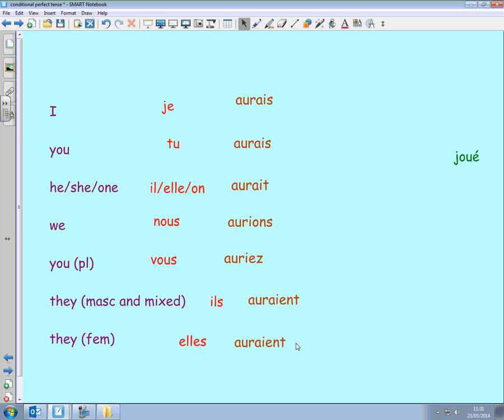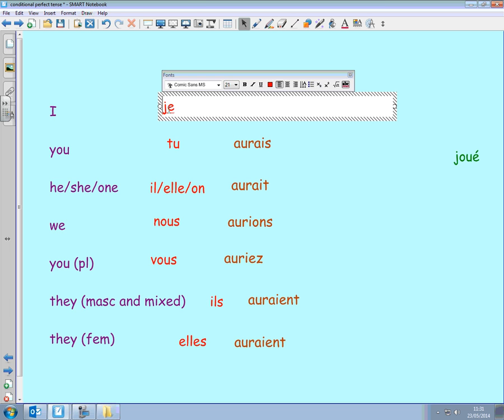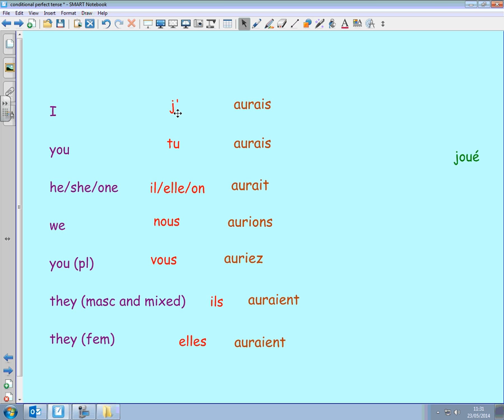Even though it ends in ENT, still doesn't matter. Now there's still one little teeny tiny problem here. You can't have these two vowels next to each other. You can't say je aurais because it just doesn't work like that. So we have to take away that and add an apostrophe just to show that we've got a letter missing. J'aurais. So I would have played, j'aurais joué.